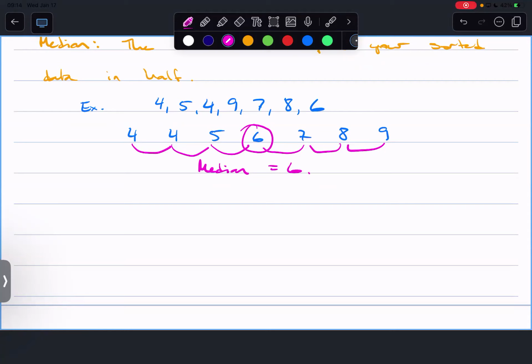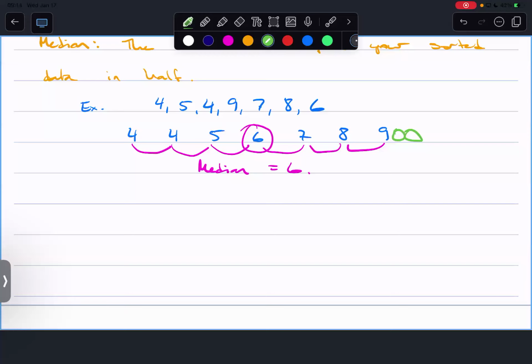Now, what would happen? Imagine I change this to 900. That would affect the average for sure, right? Does it affect the median? No, right? And so that's what we mean by robust to outliers. It doesn't care about what's happening in those endpoints, right? Those are allowed to be extreme values. That's where the extreme values would be, right, in the endpoints.